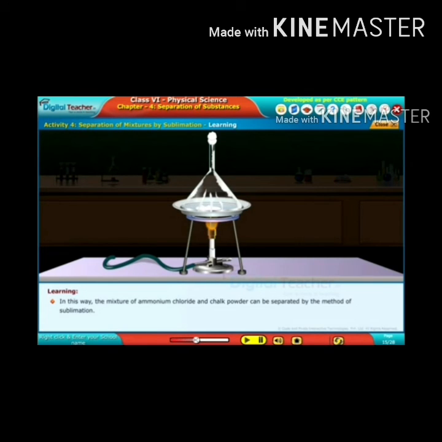Remove the funnel. Due to coolness, again vapor form is changed into solid form. Now in the china dish, only chalk powder is left out. With this process, we can separate sublimated substances.